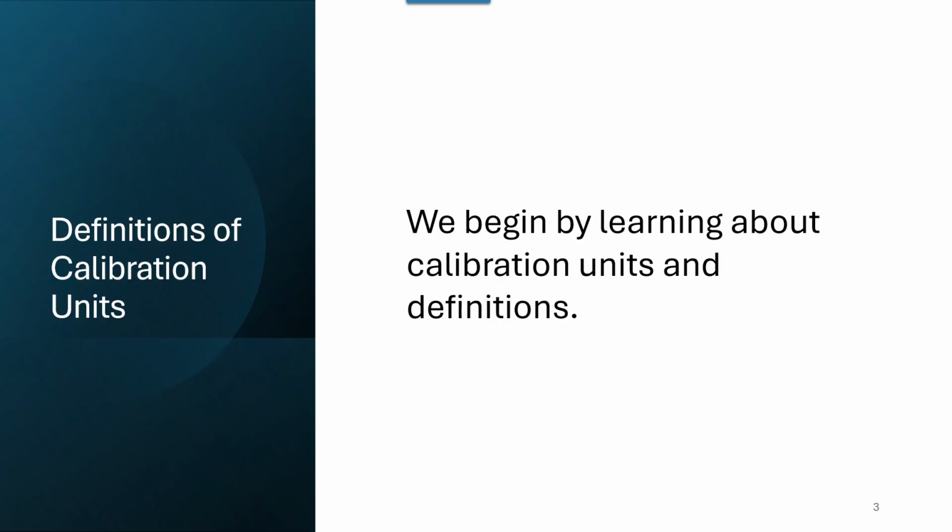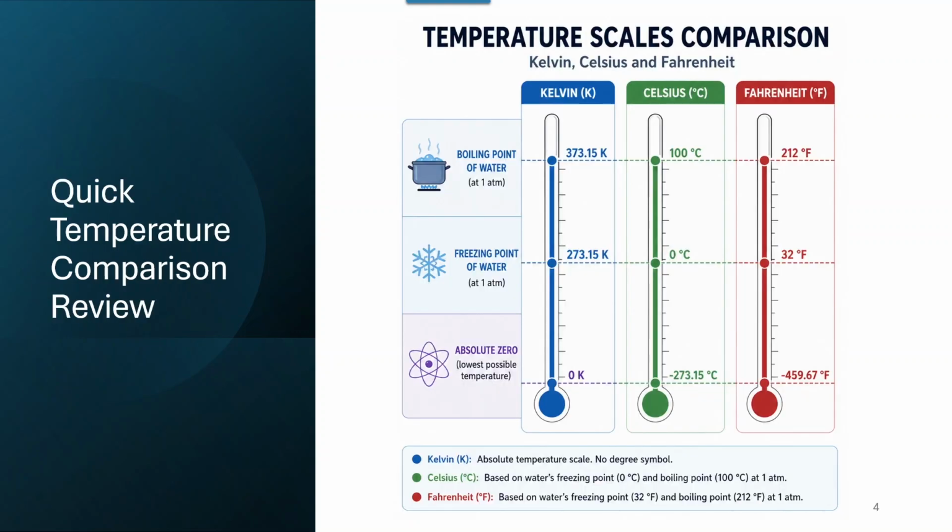To begin this video, we're going to need to learn some possibly new definitions and learn a bit about the calibration units. We will be using some different temperature scales.